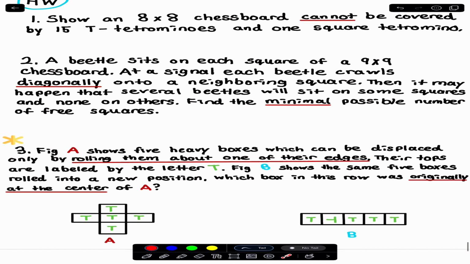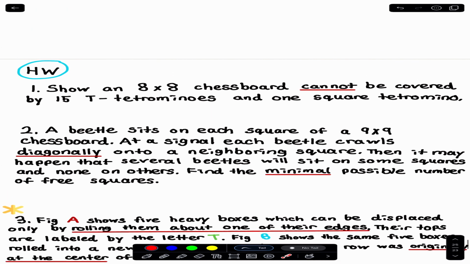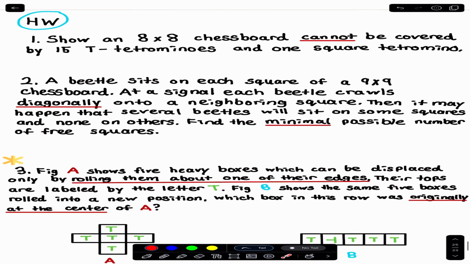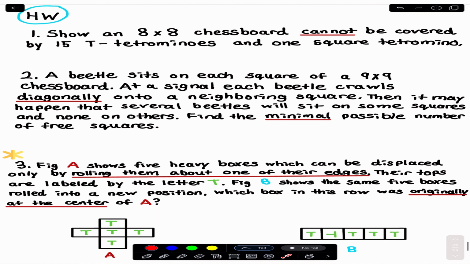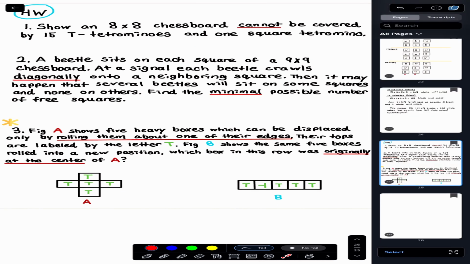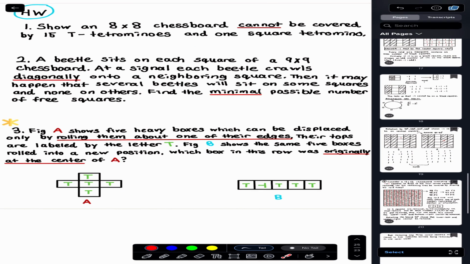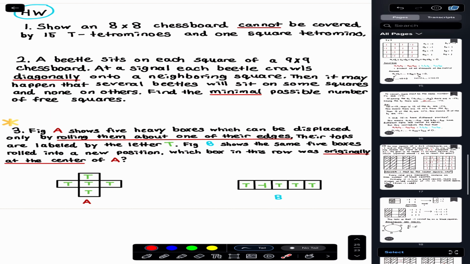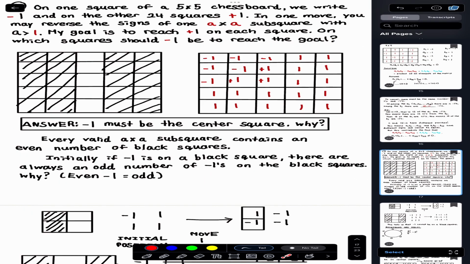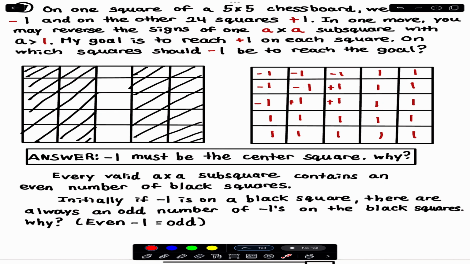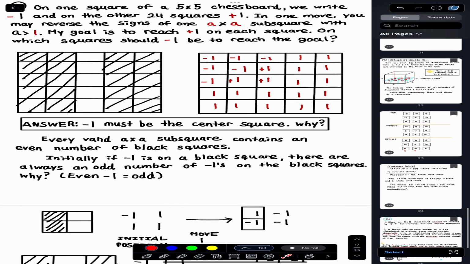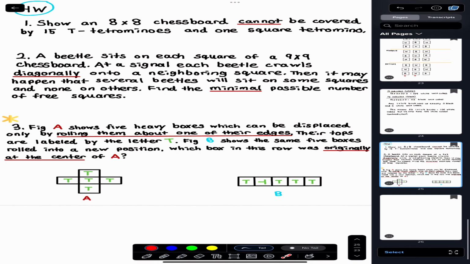Number 2 is a little bit more tricky, I would say, but my big hint to you for this question is to think back to question number 8. Remember how we colored it in columns like this? I want you to do something very similar for this beetle problem.